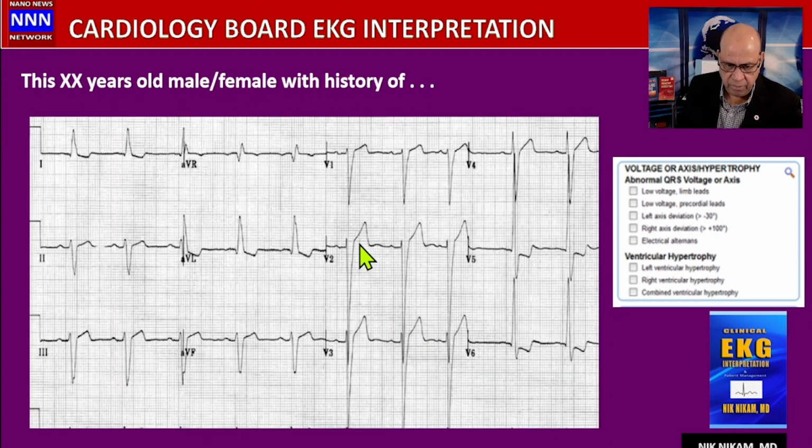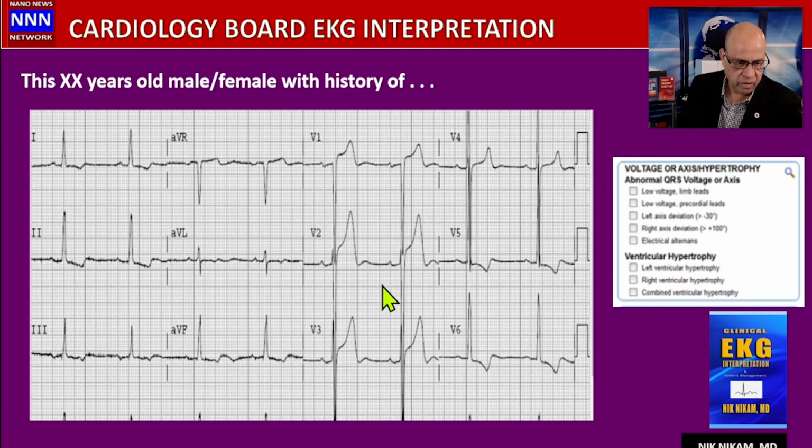And here's an example of what I was talking about, the significant ST elevation of almost like 3 millimeters or so, but this is a good example of left axis deviation, left anterior hemiblock, left ventricular hypertrophy with strain, and also some ST elevation, which is a normal variation of the left ventricular hypertrophy. So it is not suggestive of acute ischemia or something like that, but it is part of the left ventricular hypertrophy.